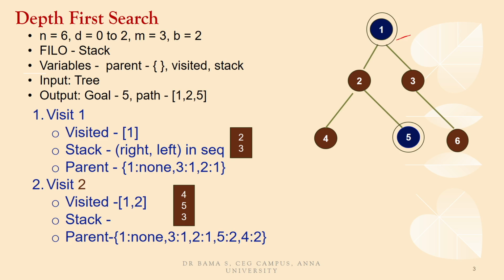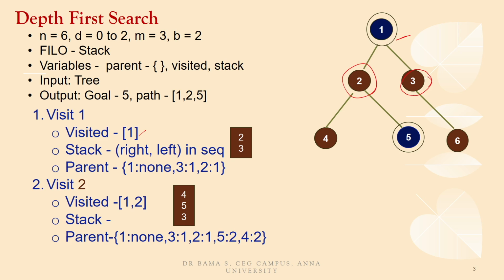This is again the same question that we saw in the last class, the same example, where we take the first root that we visited right here. The right node is pushed first and then the left node.